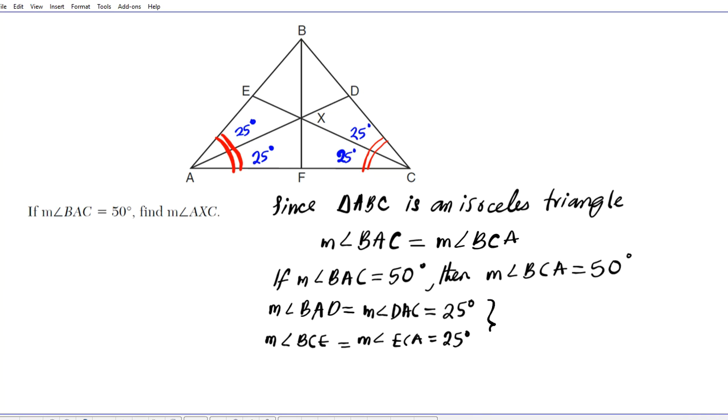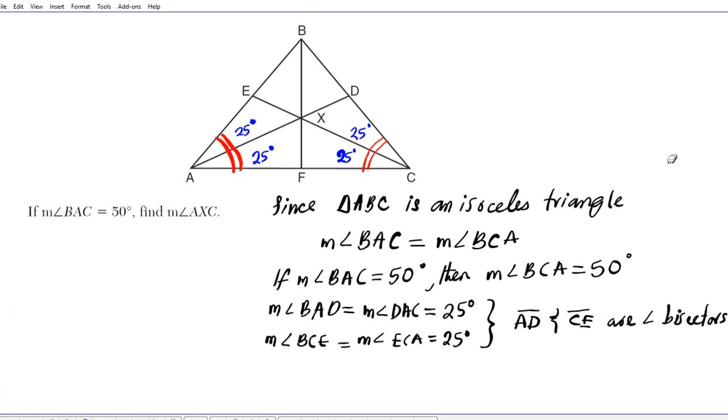We can arrive at this conclusion because segments AD and CE are angle bisectors. That is what angle bisectors do. They divide angles into two equal halves. Alright, now let's go ahead and focus on triangle AXC.